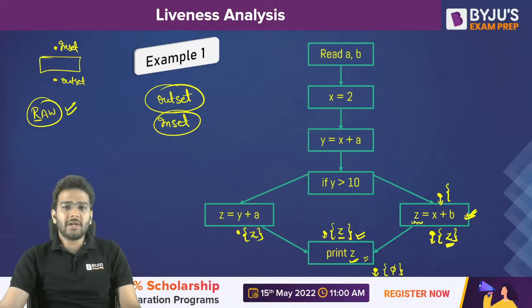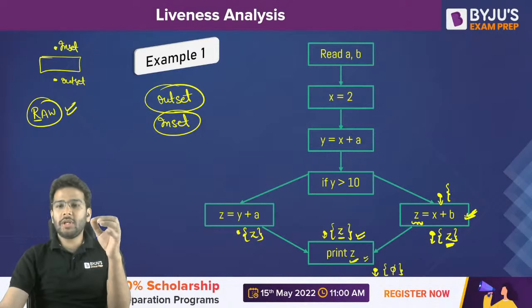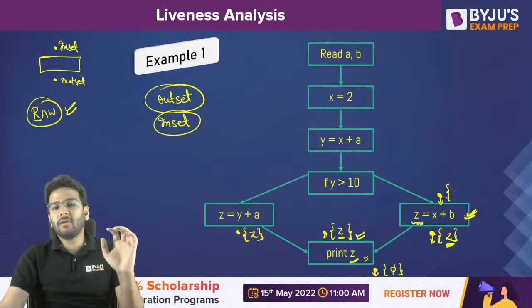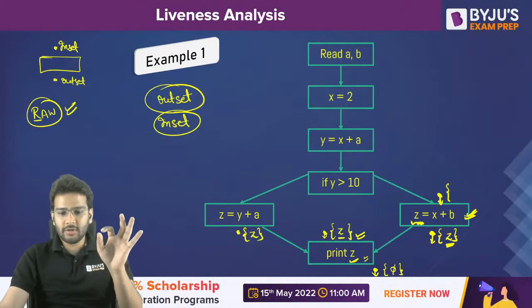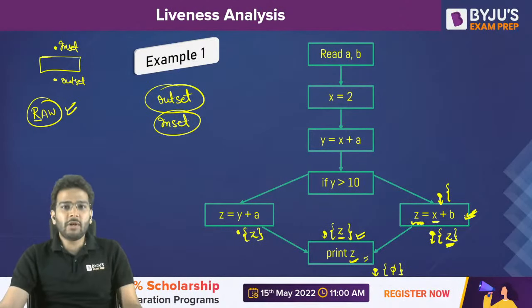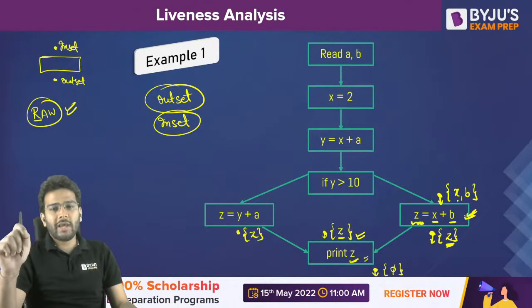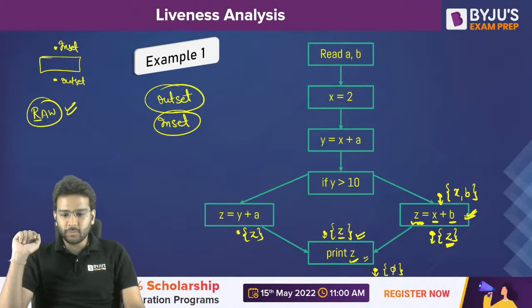Z cannot be a live variable here. First we need to perform read, then we can perform write. The first thing you do downwards is write into Z, which is not allowed. But you are reading the value of X and the value of B. So yes, X comma B will be the live variables at this point.